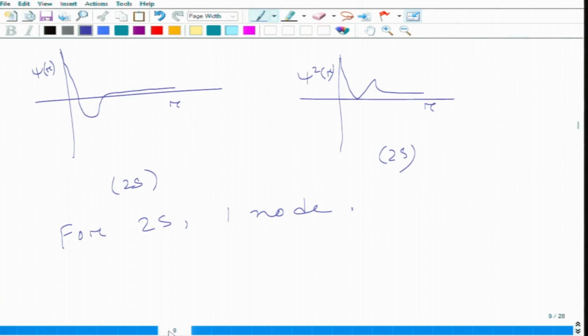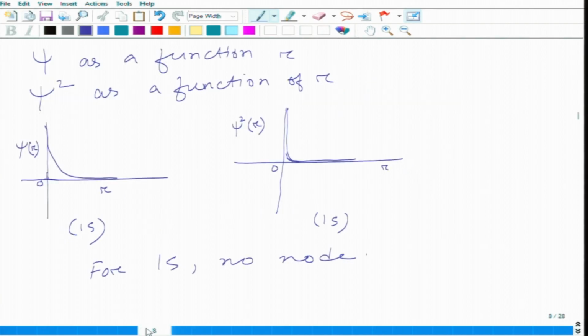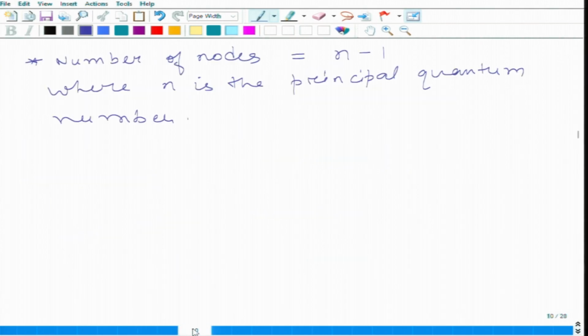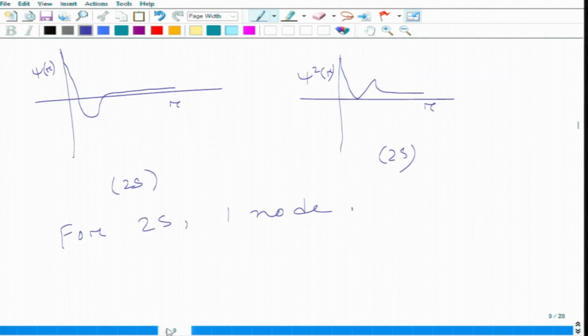Since in 1s we see that the probability density function doesn't reach 0 at any point, now if we calculate mathematically, for 1s the number of nodes is equal to 1 minus 1, that is 0, which is evident from the graph as well.